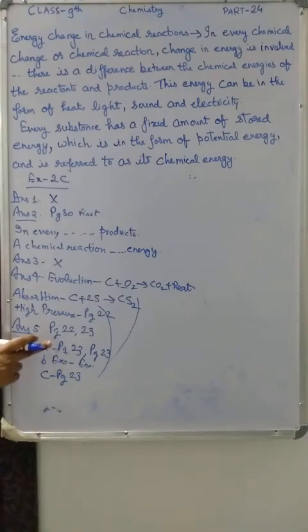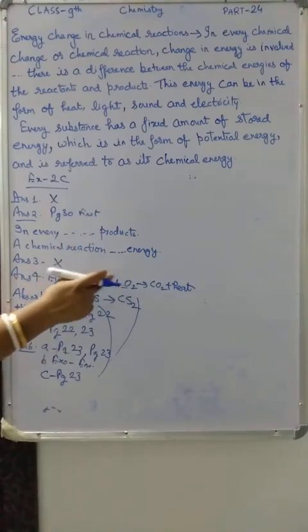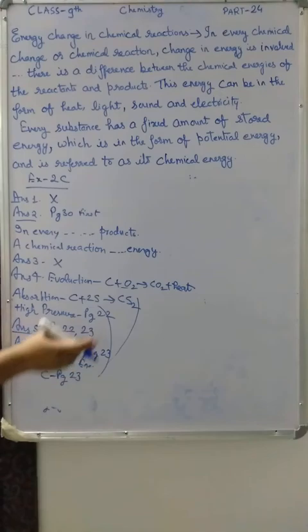Now I hope it is clear to you. For A also two parts are there, so both the answers you will get in page number 23 only. For B you have to write one exothermic reaction and one endothermic reaction, which is already given here. And for part C you have to see page number 23.